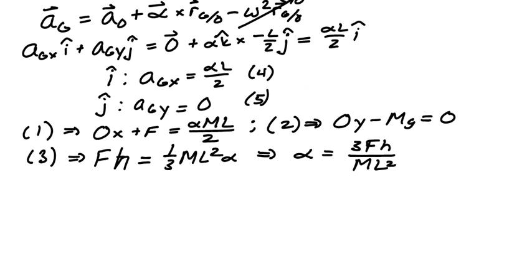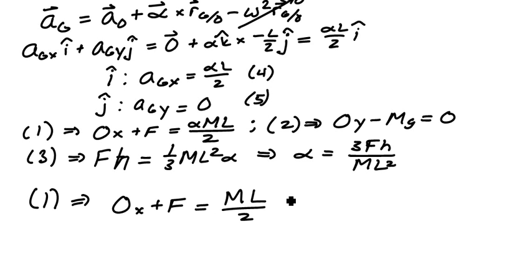And I can take that result and plug it back into equation 1. So equation 1 now gives me that OX plus F is equal to M times L over 2 times alpha, which is 3FH over M L squared.